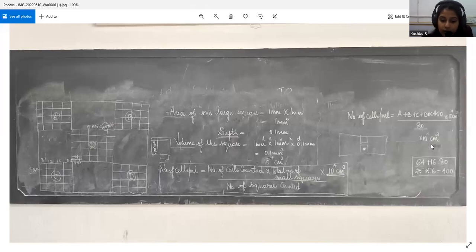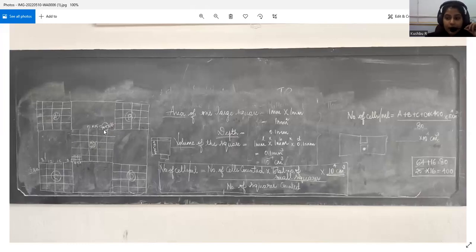So this is how we enumerate the yeast cells given in the suspension of about 1 ml. What is the total number of cell count in 1 ml of the given sample? The most commonly asked question here is, why are we taking these 4 corners only? Why aren't we considering all the cells inside the center?